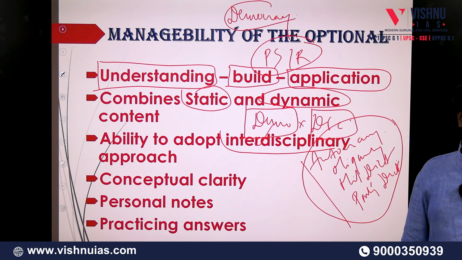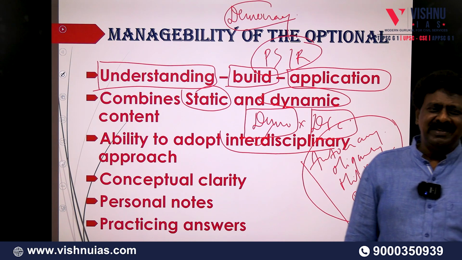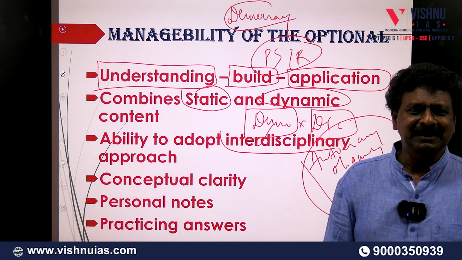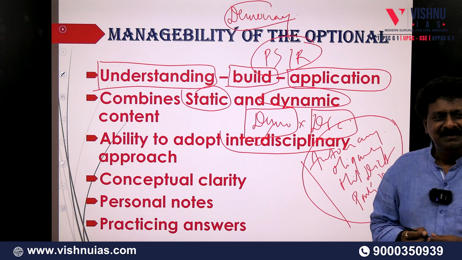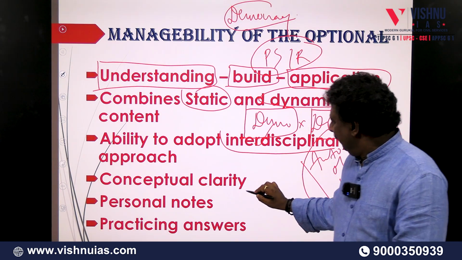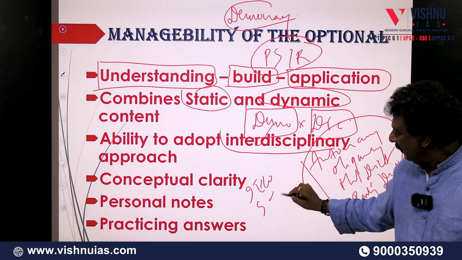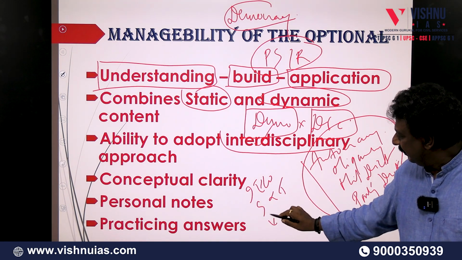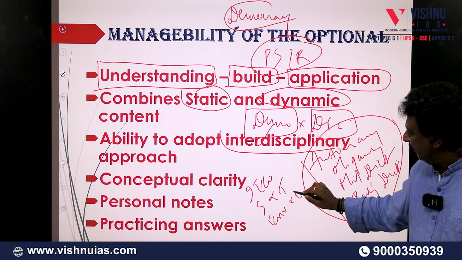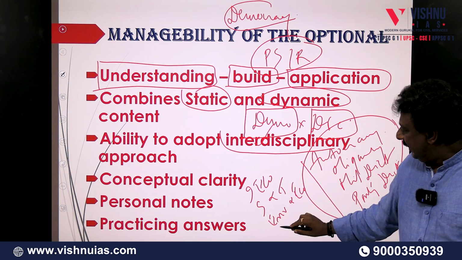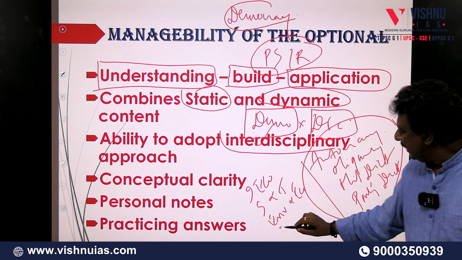I keep telling the students always, paper 3 of general studies mains combines what segments? It combines Indian economy, science and technology, environment and ecology, and internal security.